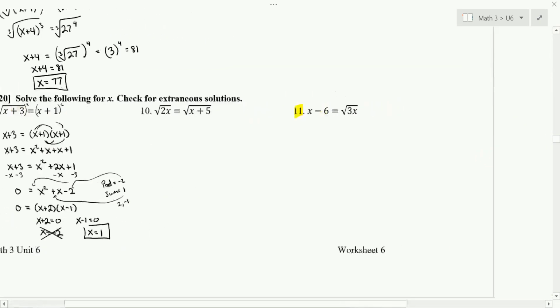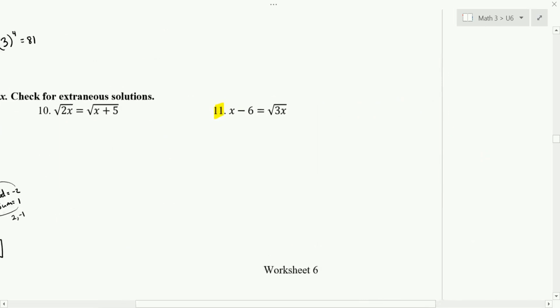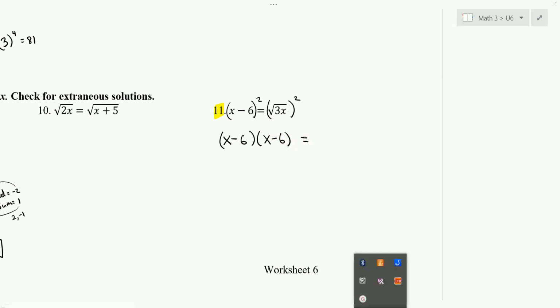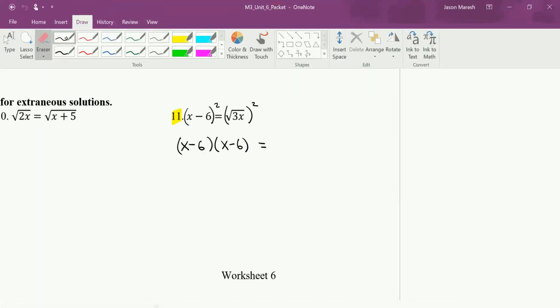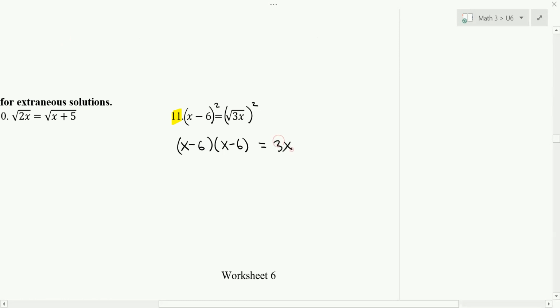Next, on number 11, we have x minus 6 is equal to the square root of x. The square root is isolated, so what we're going to do is square both sides to remove that square root. On the left side, it's x minus 6 times x minus 6, and on the right side we get 3x.